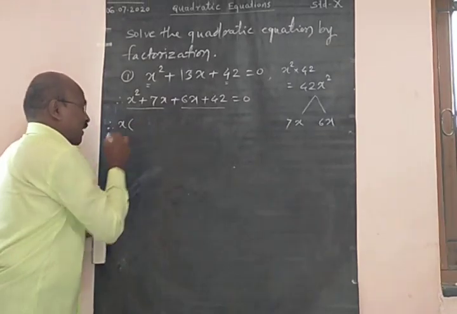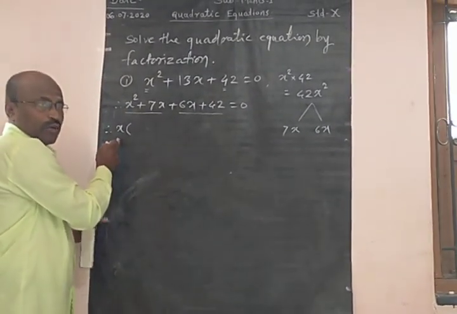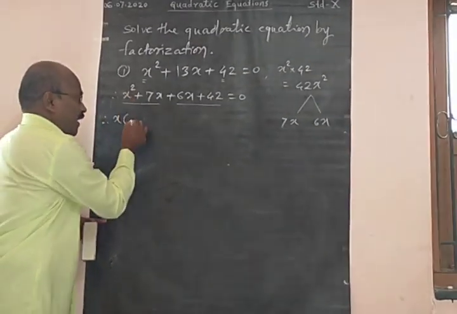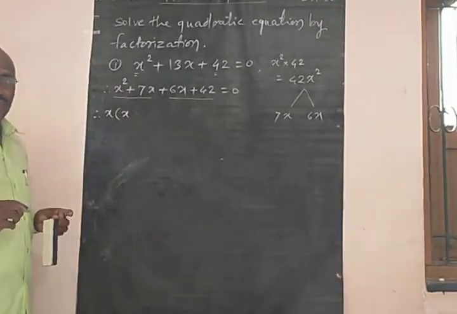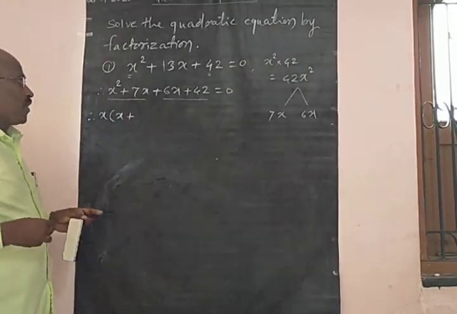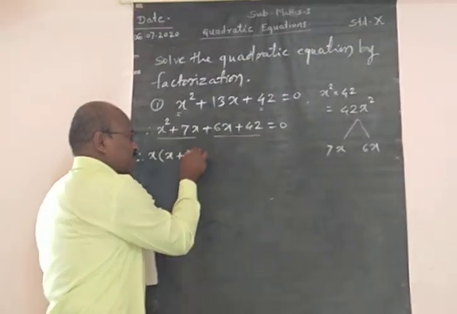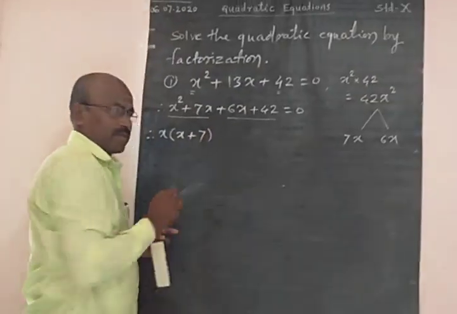So into the bracket, divide x square by x. What will we get? We will get x. So write here x. Here is the plus sign, so write the plus here. And divide 7x by x. Then we will get only 7, and then complete the bracket.